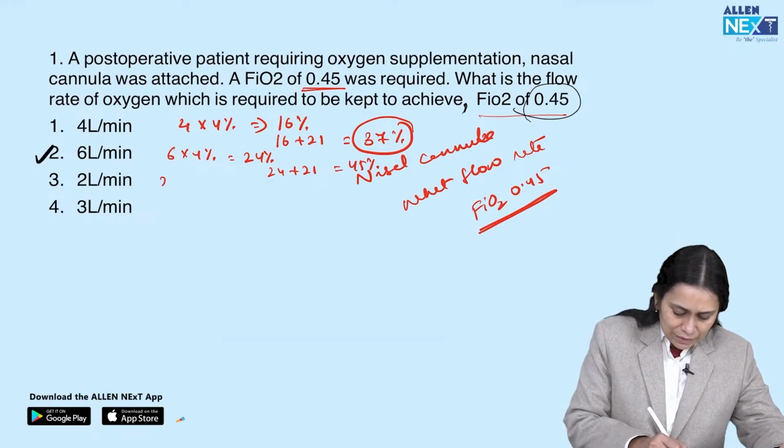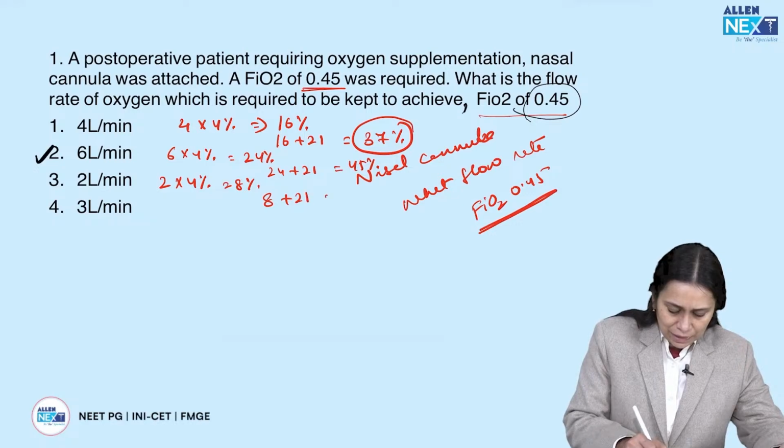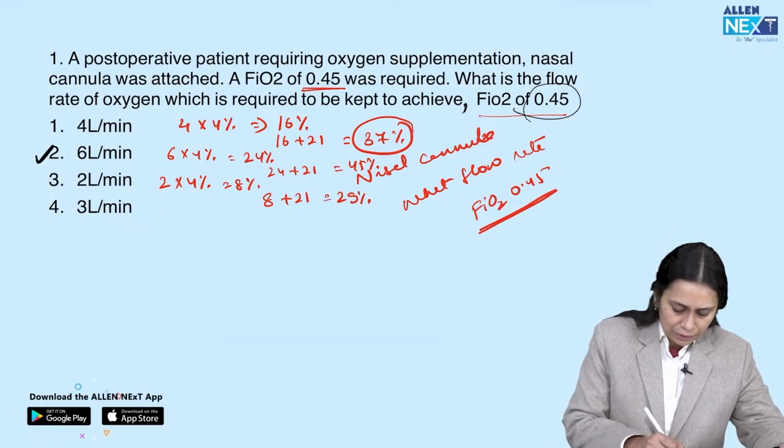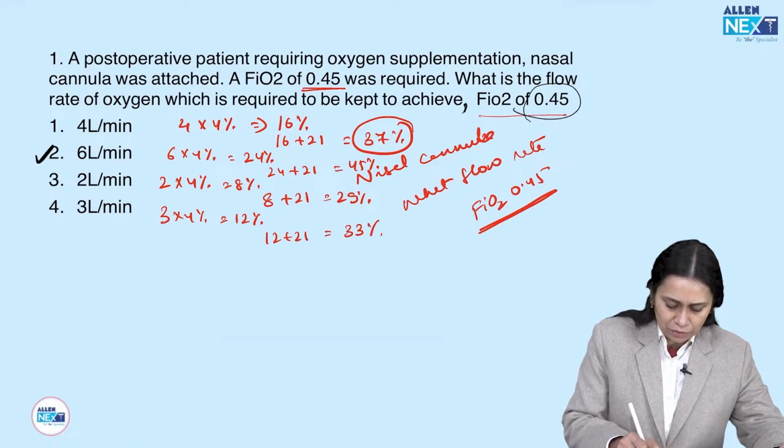2 into 4%, that is 8%. So 8 plus 21, that is 29% oxygen concentration it will achieve. 3 into 4%, that is 12%. So 12 plus 21, this is 33% oxygen concentration.